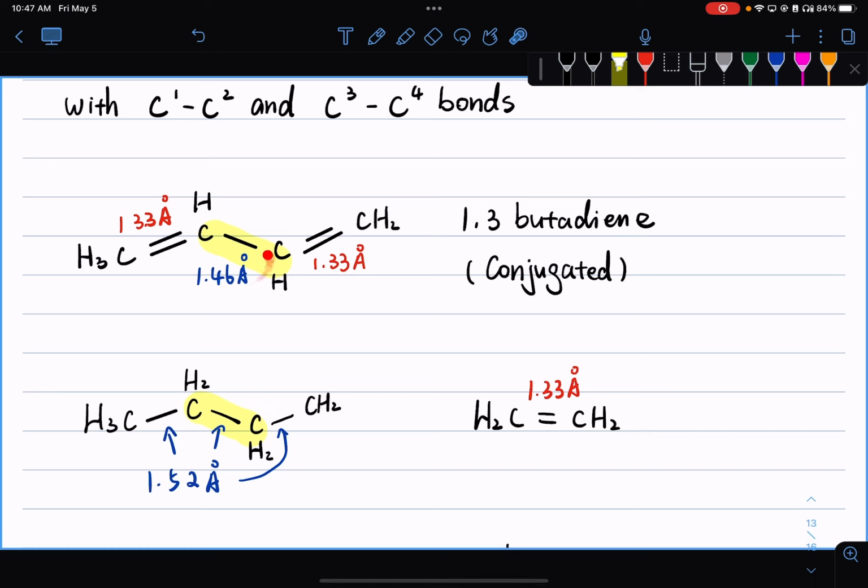All right, so this bond is 1.46, and in the bottom, without any conjugated diene, a normal single bond is 1.52. So now my question is, why is this single bond in my conjugated diene shorter than your normal sigma bond?